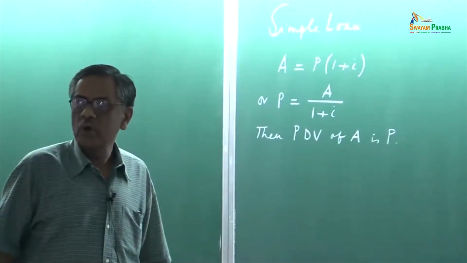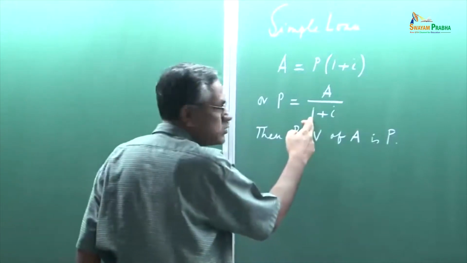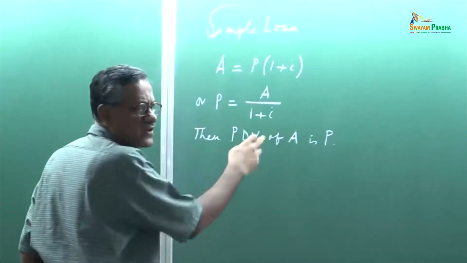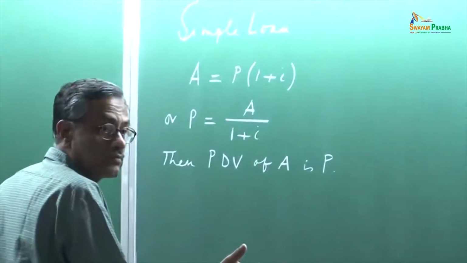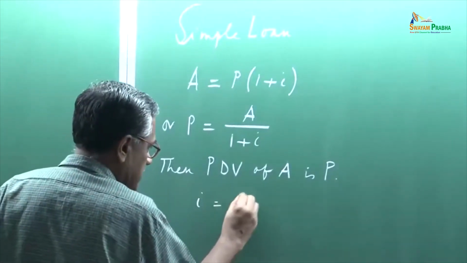It will be A over 1 plus I, where discount is done by the interest rate. If the interest rate is 0, they are equal, and I is called the discount factor.